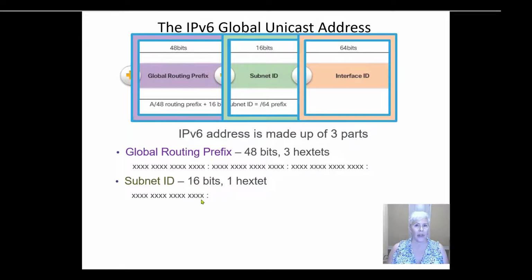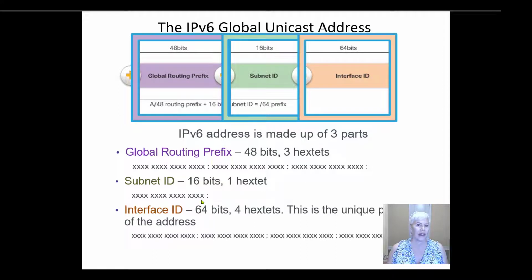Next, we have the unique identifier. The unique identifier is the interface ID. This will be the part of the IPv6 address that represents each host or each end device, or the IPv6 interface addresses, and they're going to be unique. This part of the address is going to be 64 bits.